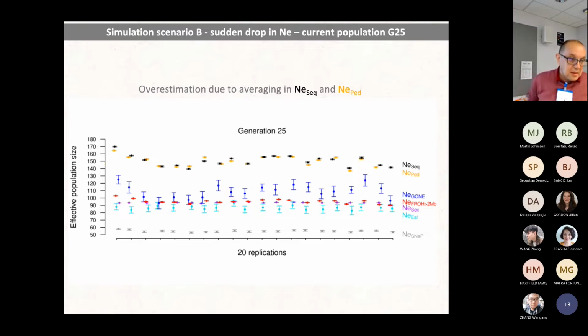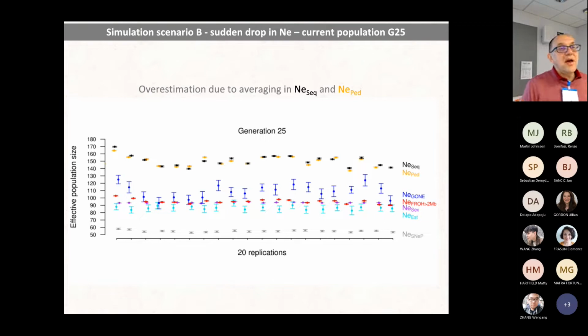And this is simulations where we have a sudden drop. If you look at the sudden drop, you would see that even our estimates, the true one on a pedigree and NeSEX, are overestimated. You may wonder whether something is wrong with the simulation.